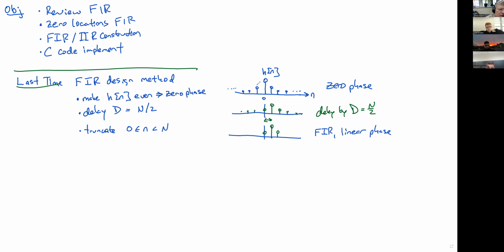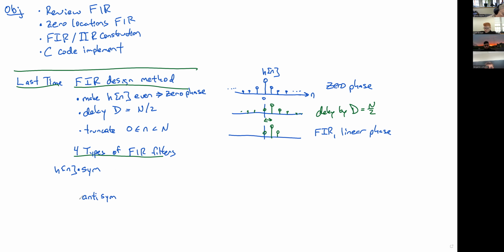And then the other thing we talked about, we did talk about this design method, and then we talked about the 4 types of FIR filters. And in particular, we said the H of n can either be symmetric or anti-symmetric.